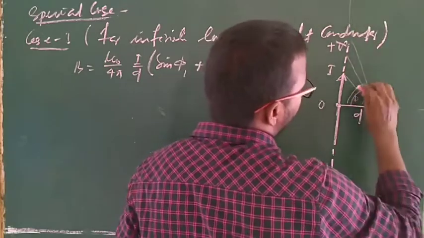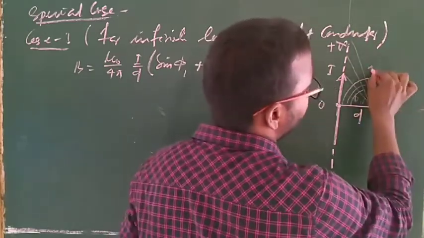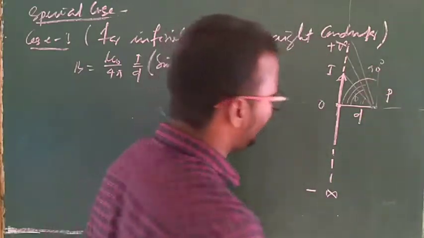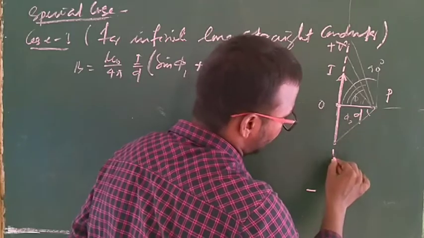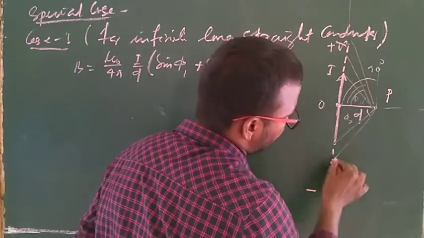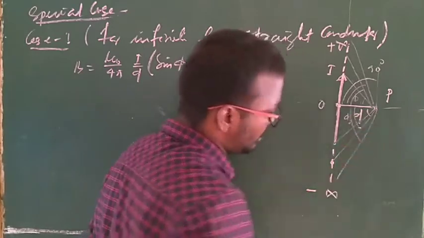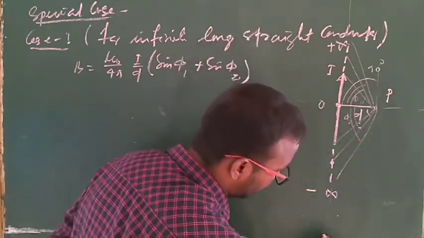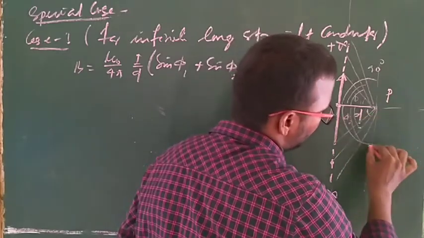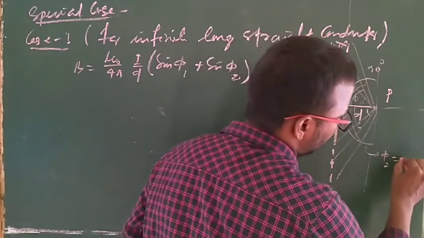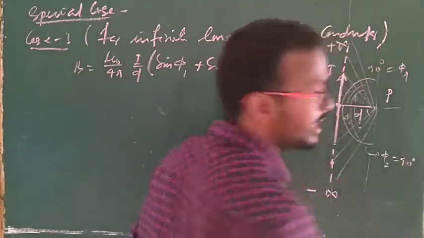For infinite length, phi 1 turns out to be 90 degrees. Similarly, this angle is phi 2. If we increase the length, this angle also increases, and for infinite length phi 2 also turns out to be 90 degrees.